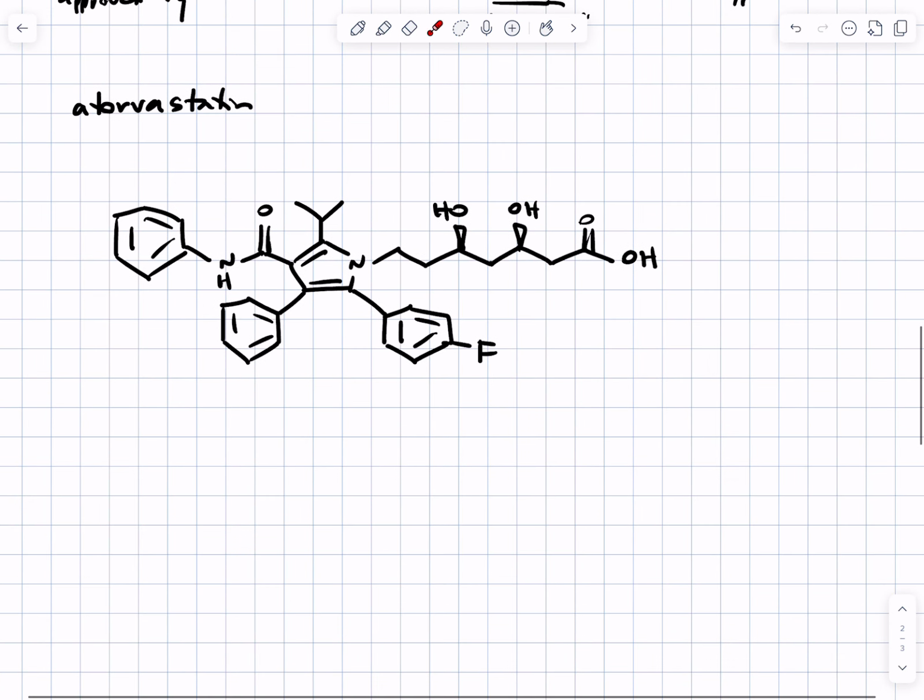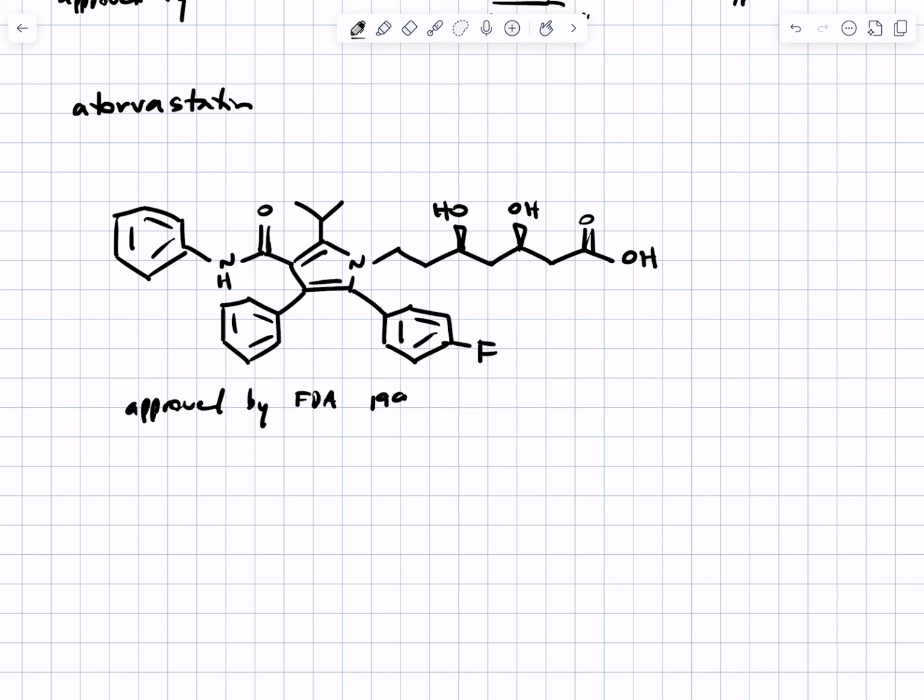So atorvastatin, the story is interesting. It was made by a company called Warner-Lambert in 1986. It was approved by the FDA in 1996, and it was co-marketed by Warner-Lambert, which no longer exists, and Pfizer, because Pfizer bought them out for $90 million?